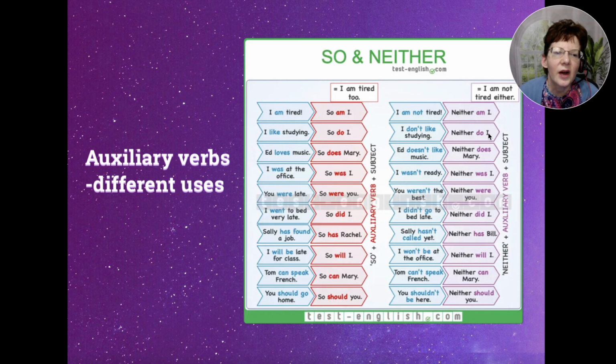Well, neither do I. I wasn't ready. Neither was I. Okay, so here's another example. You're still agreeing, saying how you agree with the other person. So you have neither plus an auxiliary verb plus a subject here. All right, so we'll see some more examples here.